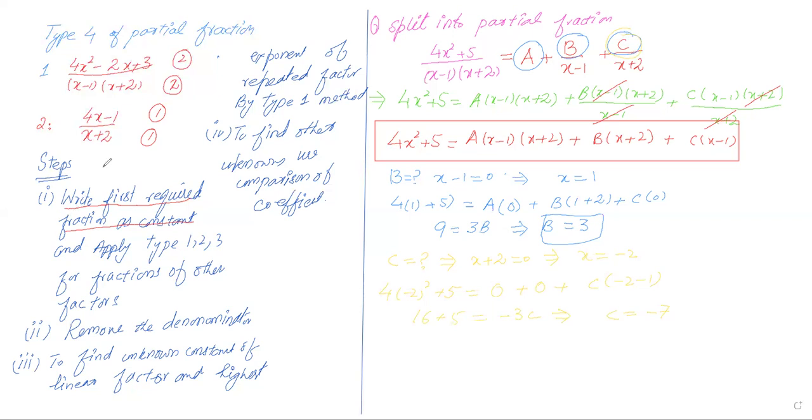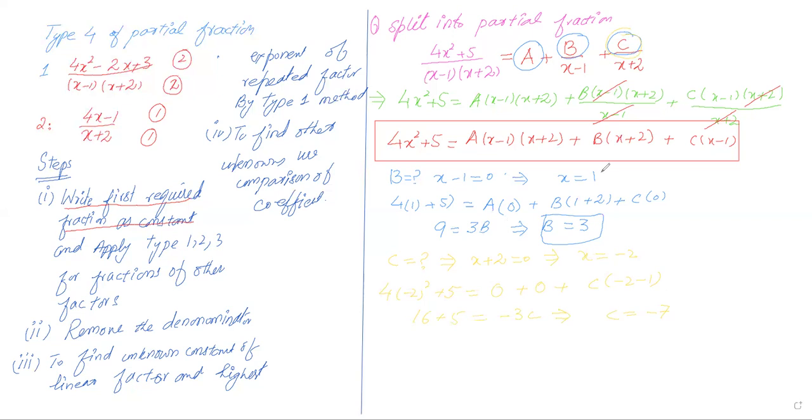Now we have to find the value of A. As the value of C is given and the value of B is calculated, now it's very simple to find the value of A. How? You have to find it by putting any value of X other than those you have already used in the previous two steps.